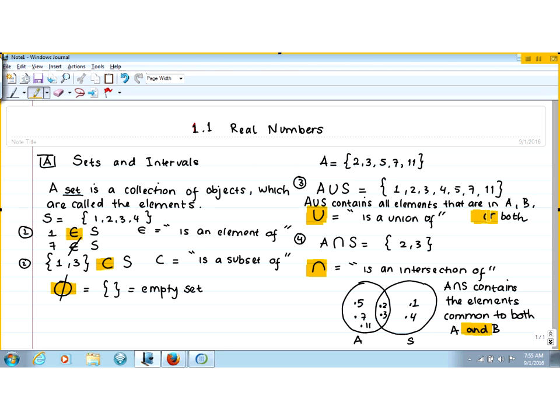The keyword for union is or. Okay? So or and and. All right.